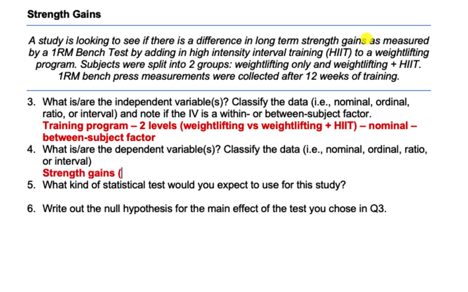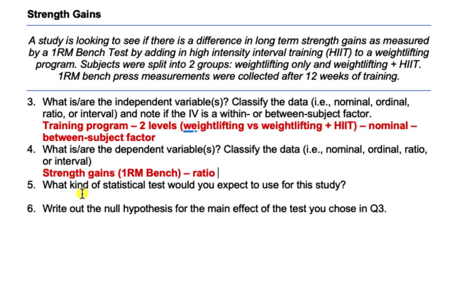Okay, and we measured that using the 1RM bench test, or like a 1RM bench press test. So if you also put that as the variable that's measured as a means of getting strength gains, that would have also been an acceptable answer. And the data we collect for that is ratio data.